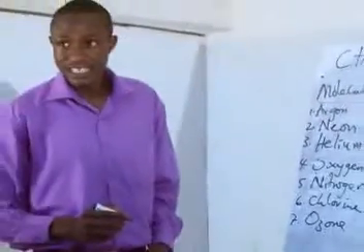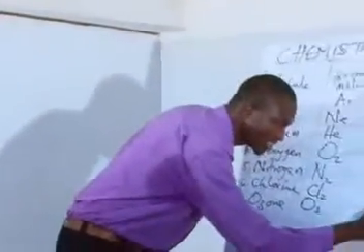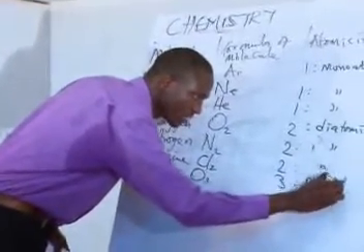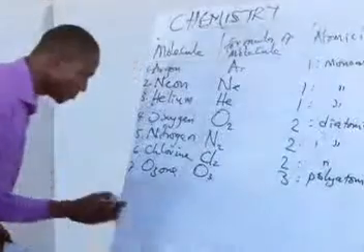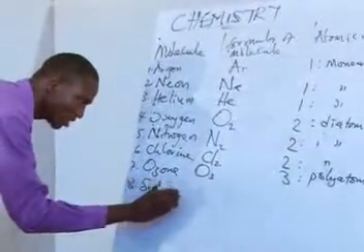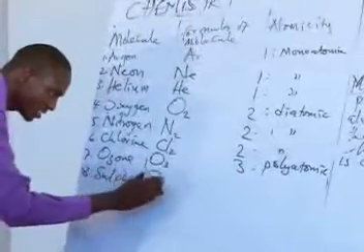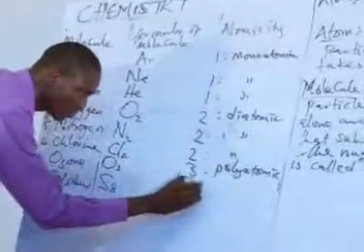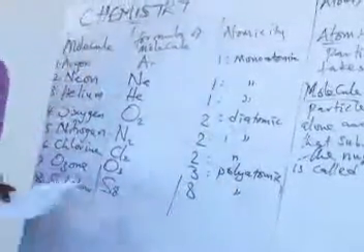Because there are 3 atoms. So the atomicity is 3. So this is polyatomic. Another example is sulfur molecule, usually your rhombic sulfur. The formula is S8. What's the atomicity in this molecule, class? 8. Thank you. And it is said to be polyatomic.